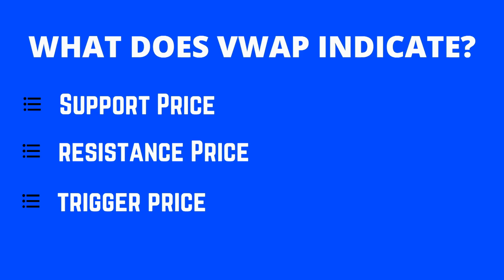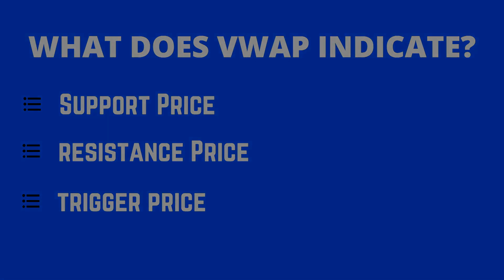I'll give you examples and show you practically on the chart. Basically, when the VWAP is broken, then you're supposed to enter the trades. That is the trigger point. Now let's get to the practicals and I'll show you on the charts how you can take trades based on the VWAP.